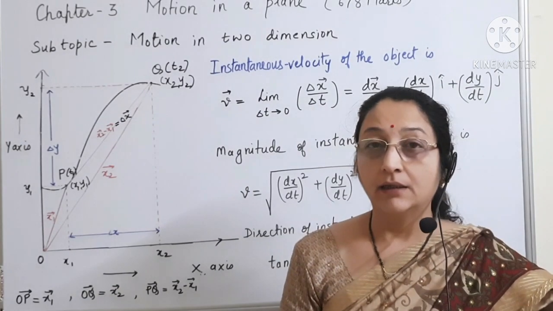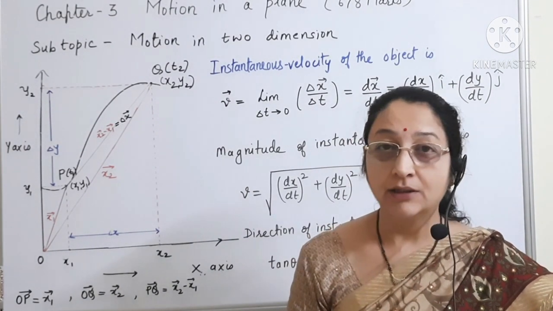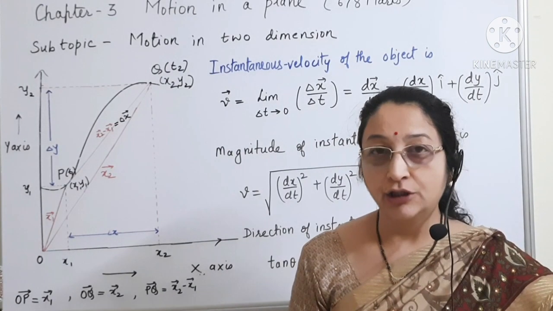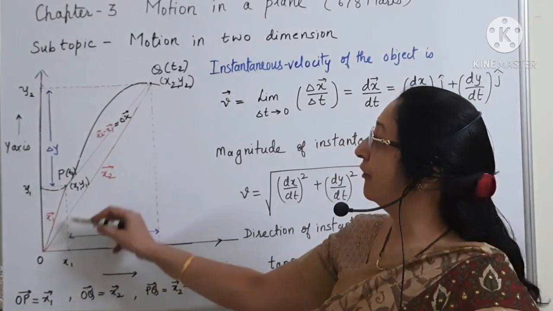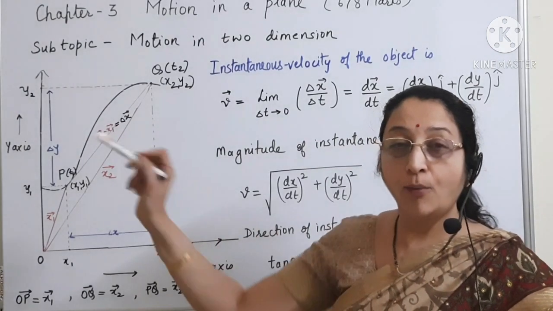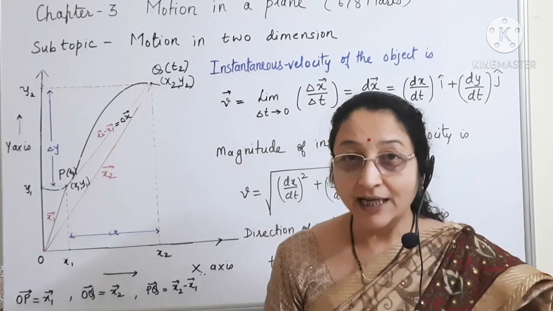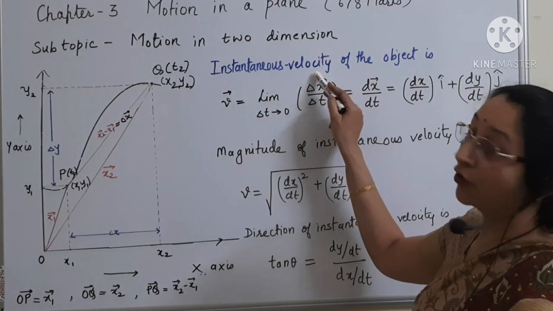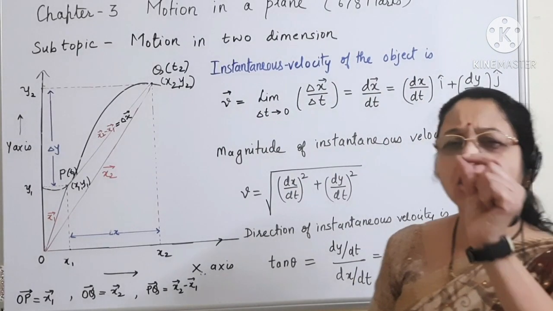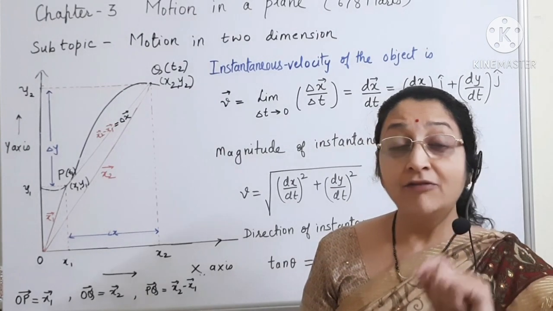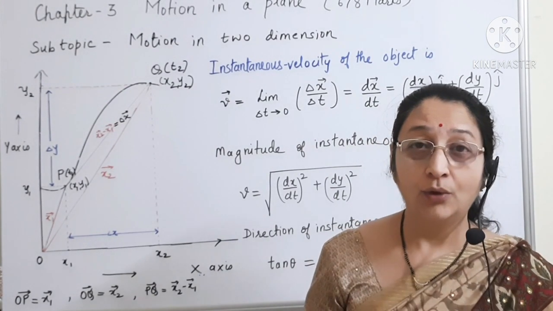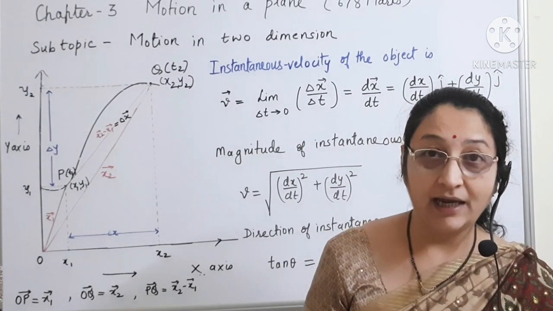After discussing the displacement, the average velocity of the particle which is moving in a plane from point P to point Q, we are now discussing the instantaneous velocity of the object. म्हणजे त्या क्षणाची velocity, म्हणजे when time is tending to 0 त्यावेळेला त्याची velocity काय आहे.